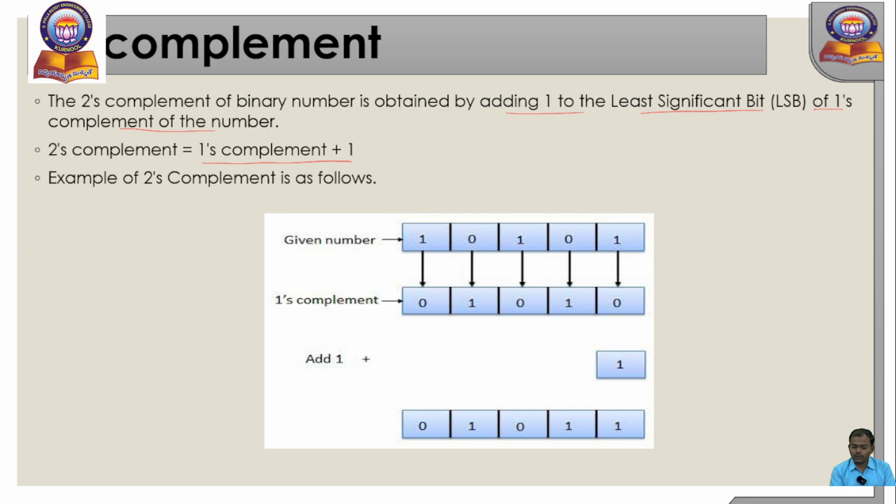Take 10101. First obtain the 1's complement, that is 1 to 0, 0 to 1, 1 to 0, 0 to 1, then 1 to 0. Then add 1 at the LSB. 0 plus 1 is 1. There is no further addition, so we copy down the remaining bits. So 01011 is the 2's complement.